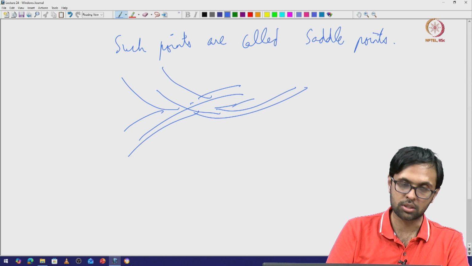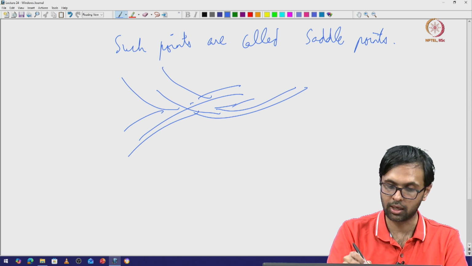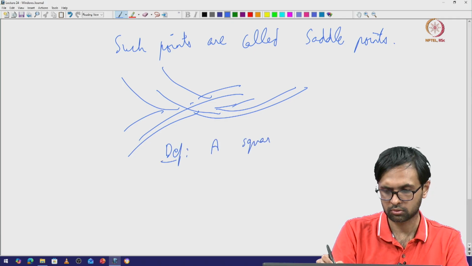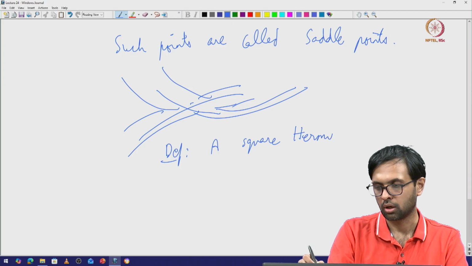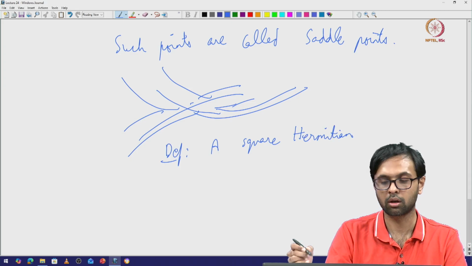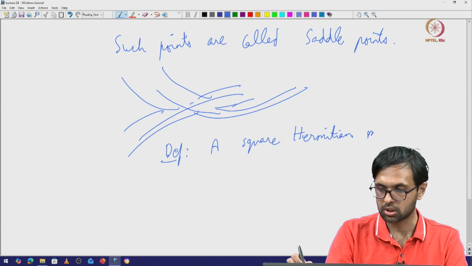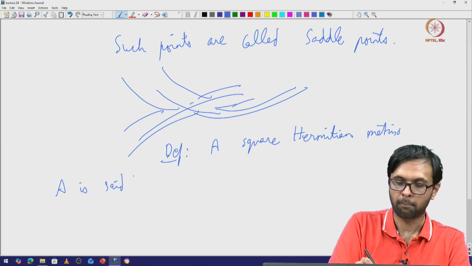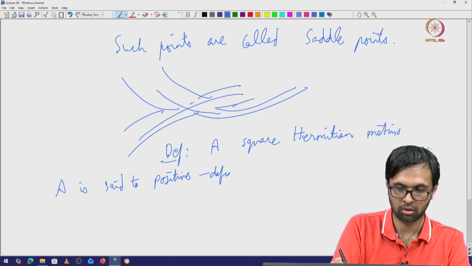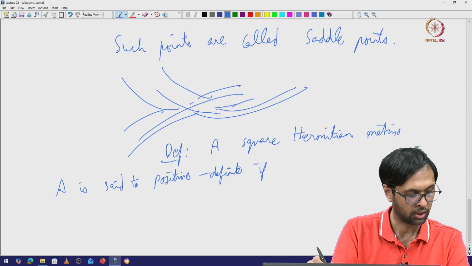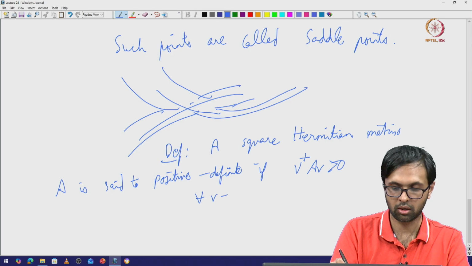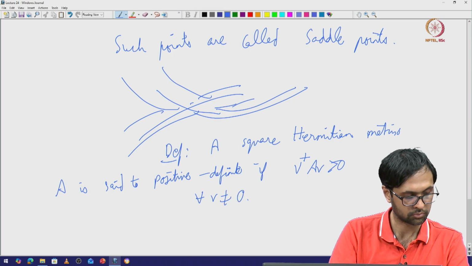All right, so now we need to state the second derivative test. To this end, we need to make a definition. A square Hermitian matrix A, if it's real then it's simply symmetric, is said to be positive definite if v dagger A v is strictly positive for all v not equal to 0.